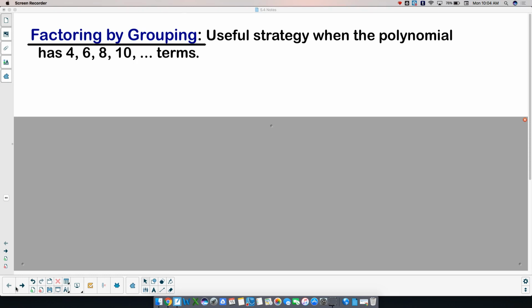Okay? So, on Friday, I gave you a 4-step checklist for factoring. First step was greatest common factor.